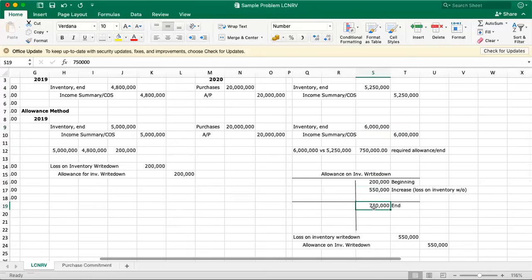The ending balance is 750,000, so that's 6 million minus 750,000, the required allowance. So that is equal gihapon sa 5,250,000.